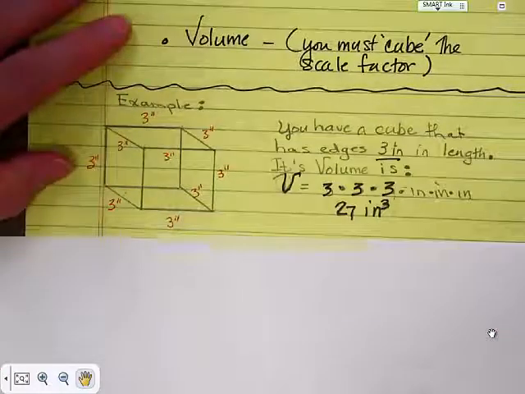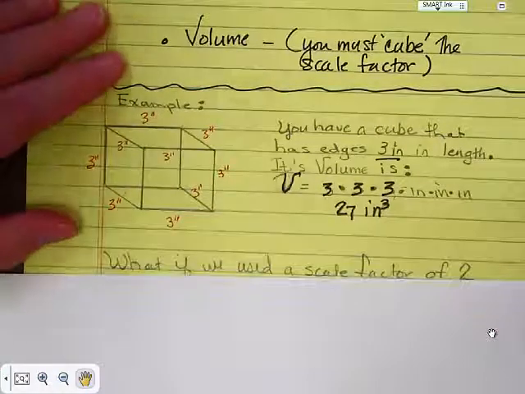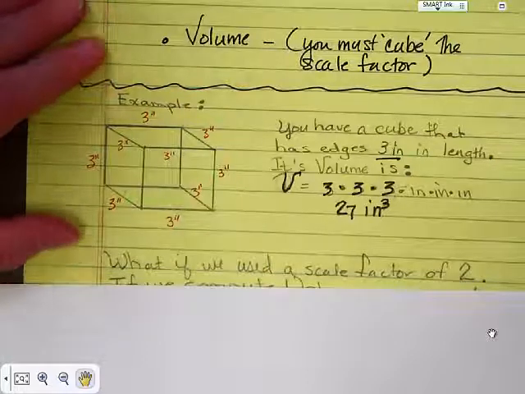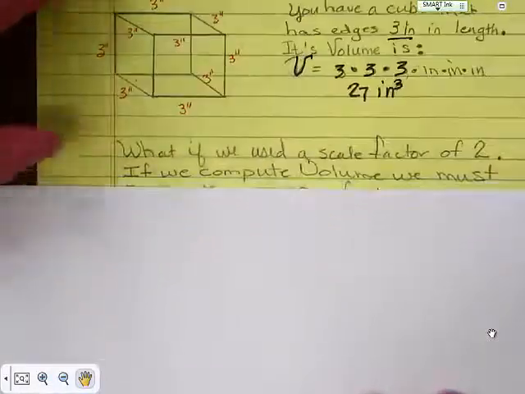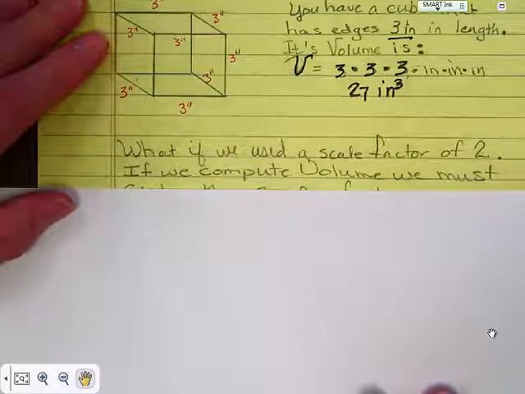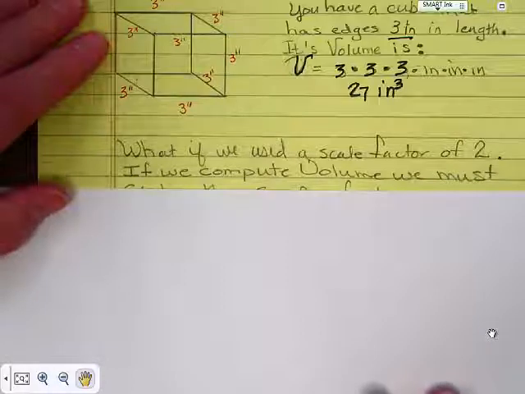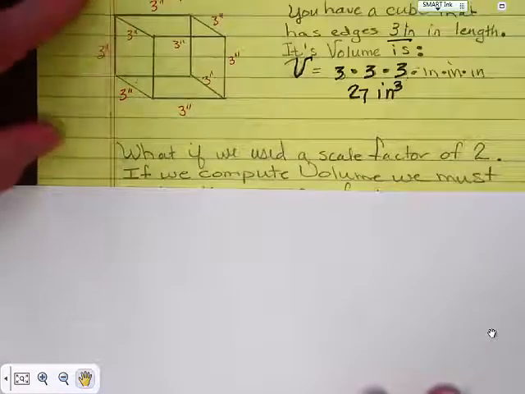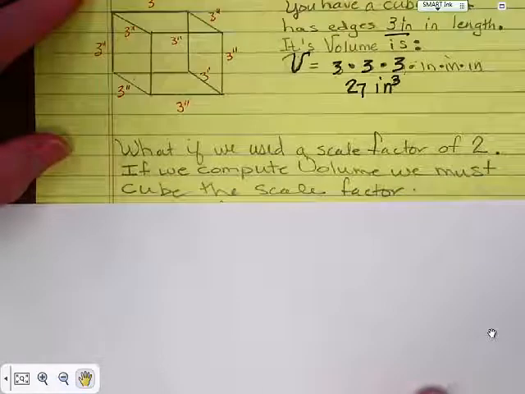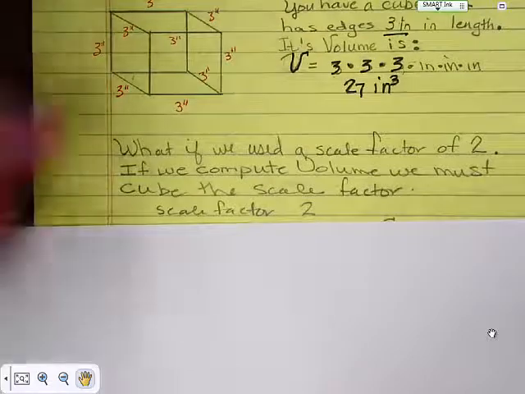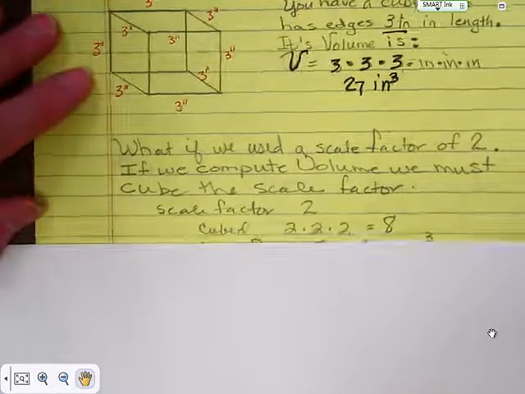Now, if we were to create another cube using the scale factor of 2, I want to know what the volume of that cube would be without even drawing it. Can we do that? Well, if its scale factor is 2, we have to take the scale factor, which is 2, and cube it.